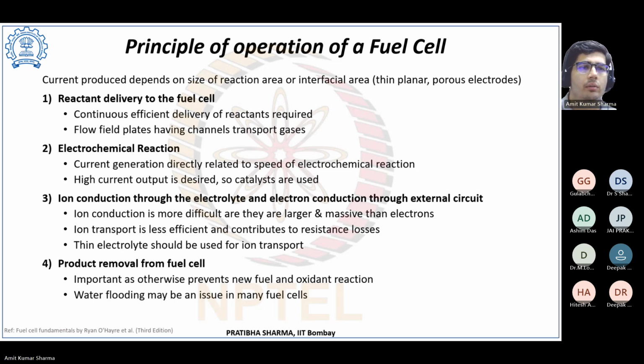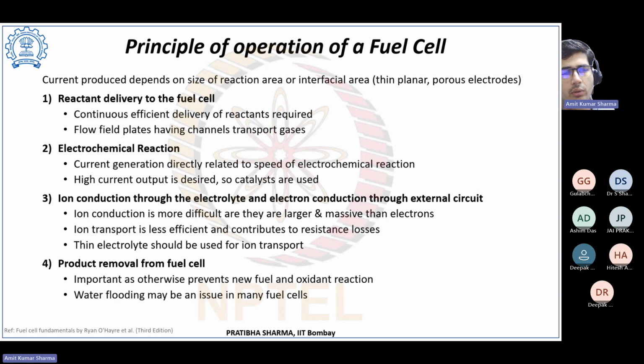The reactant delivery to the fuel cell: continuous efficient delivery of reactant is required. Flow field plates having channels transport gases. So basically, suppose this is your electrolyte, then you have the anode, then you have the cathode.